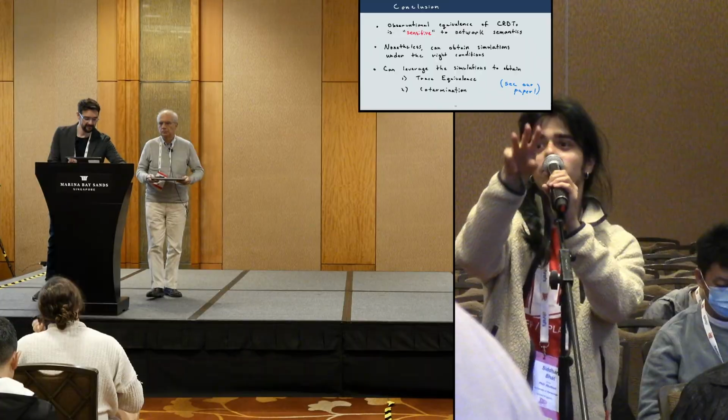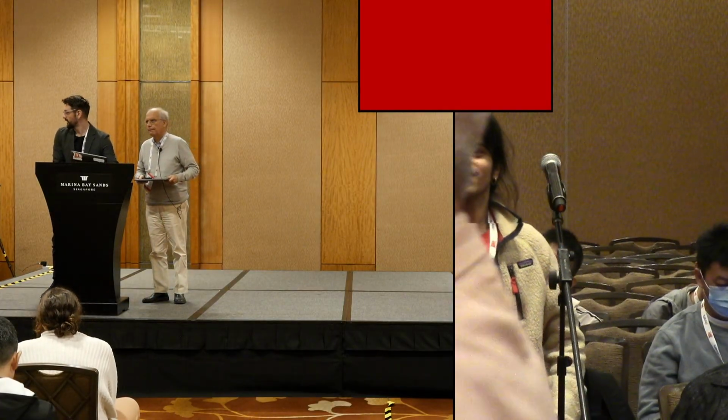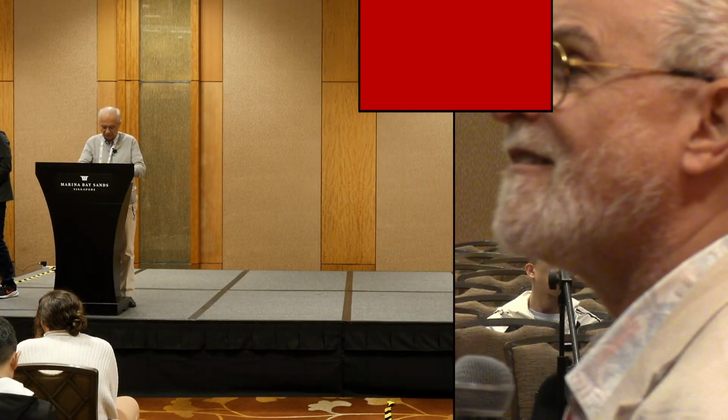Do you have a triple? Can I change your question to, is there an adjunction? Because you didn't say that. So I probably don't know enough category theory to really answer that question. Certainly it's been pointed out before that it looks like an adjunction. So if you know enough category theory, maybe we can figure it out. Okay.